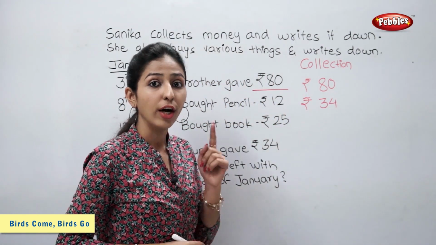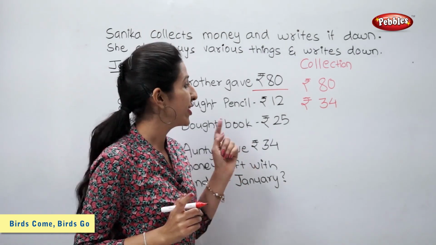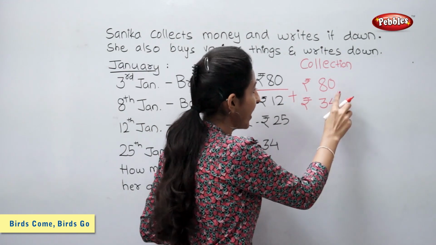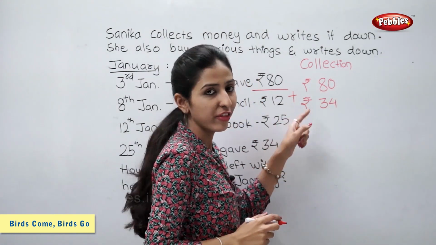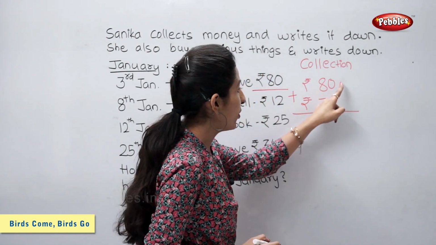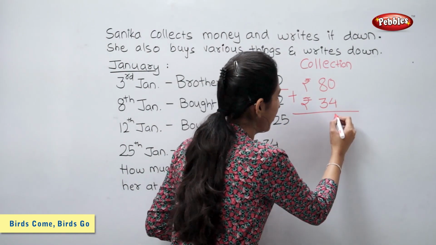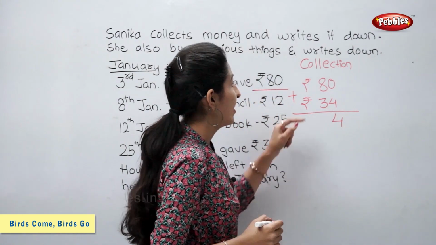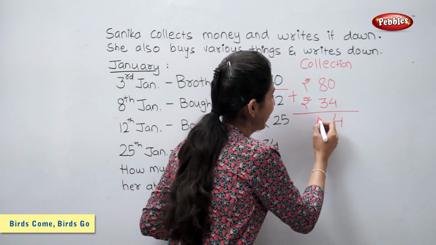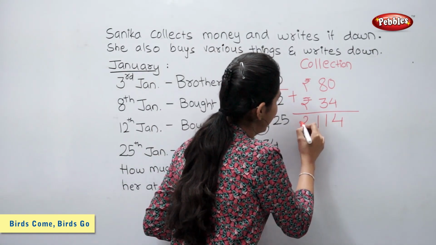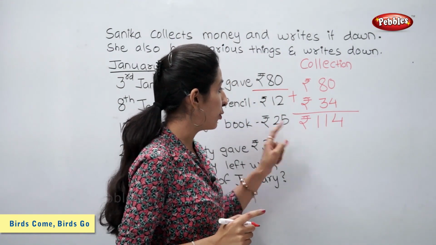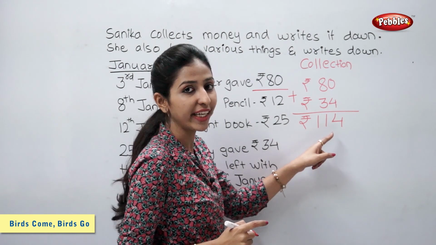We have to find the total money she collected. So, let us add 80 rupees plus 34 rupees. 0 plus 4 is 4. 8 plus 3 is equal to 11. So, total she collected rupees 114.